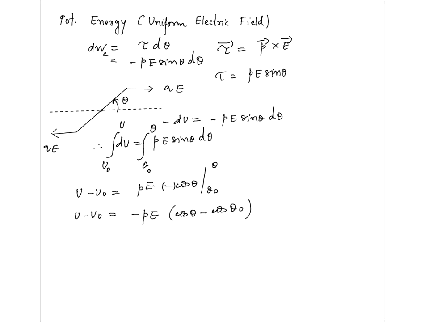Now if you want to take some reference point, which is normally taken at 90, in that case this is the formula: U at any theta is the dot product of vector P and vector E. This result is only valid if this convention is followed.